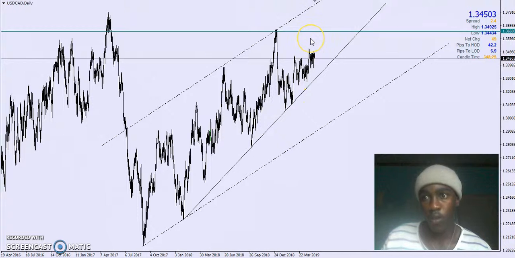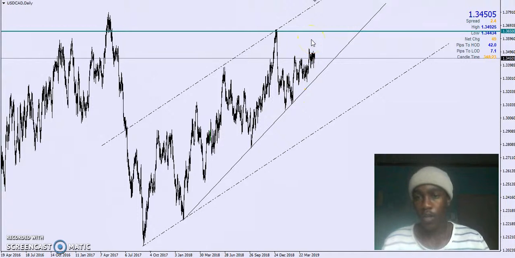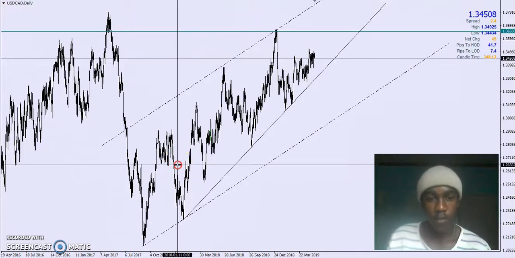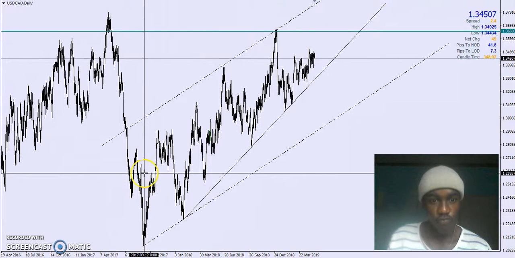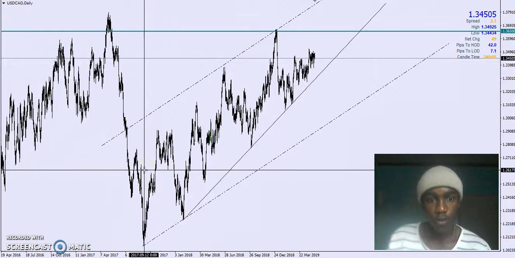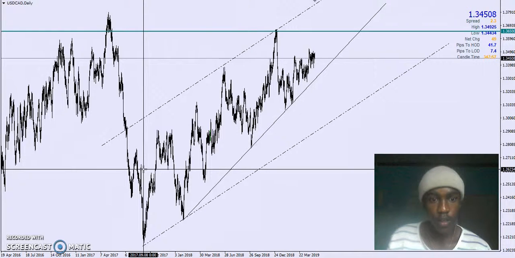Over here on 1.36500, we have our local resistance, our local supply level, and price has been traveling in this ascending channel ever since 2017, 2 years ago, on the 8th of September.